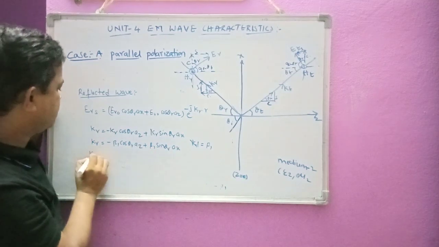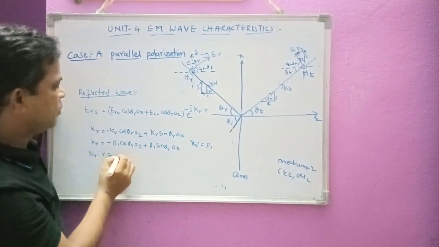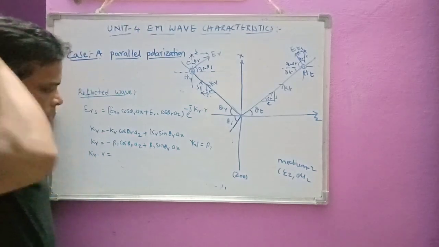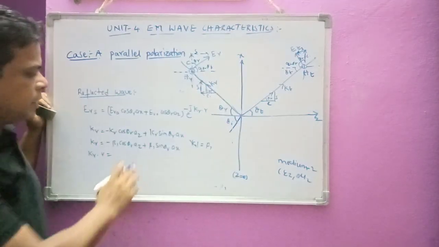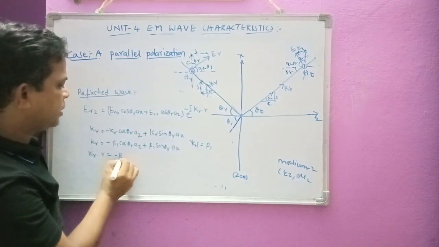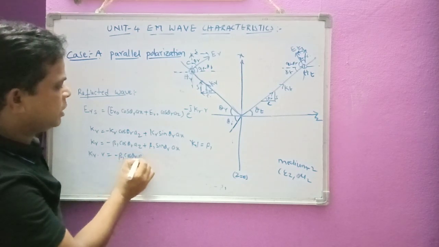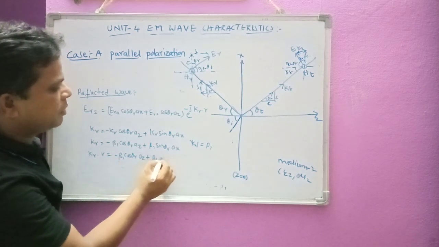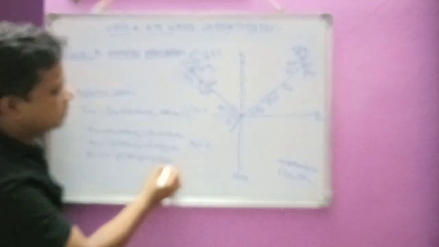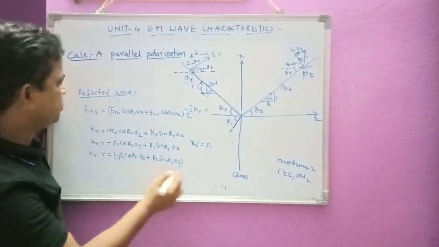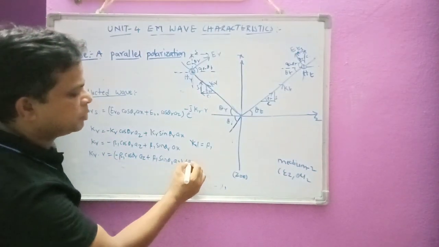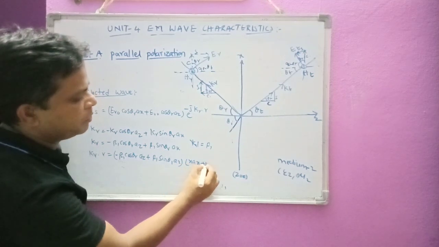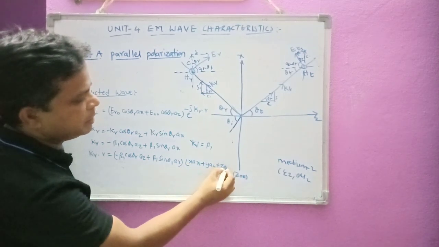Now I have to make the dot product, k_r dot r. r is the radius vector, that is the position vector, x a_x plus y a_y plus z a_z.